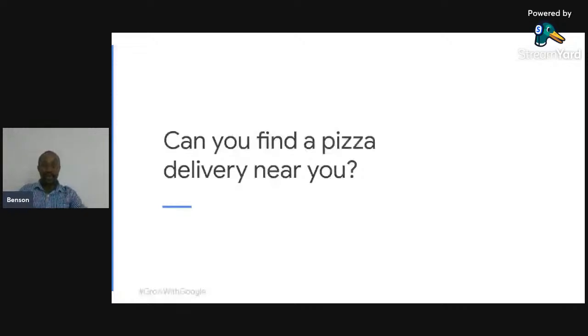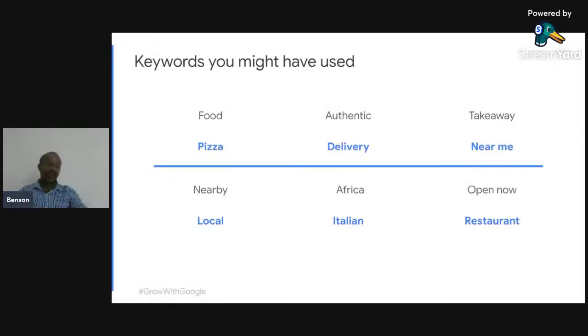When you search pizza delivery or delicious pizza restaurant near me, some of the keywords you have used are pizza, as a form of food, and delivery, if you want it delivered. Near me is where you are, so Google can match your location through the location icon or GPS, and match you to the nearest pizza distributors.